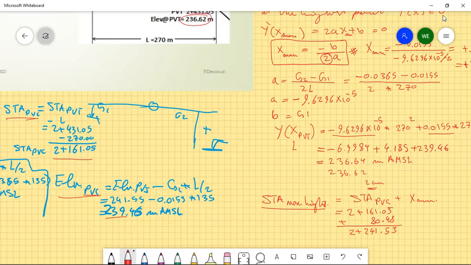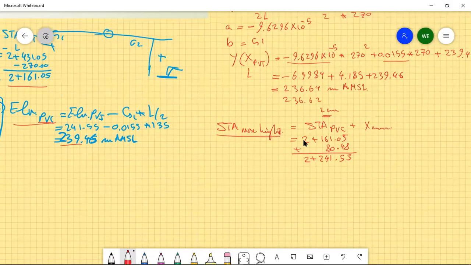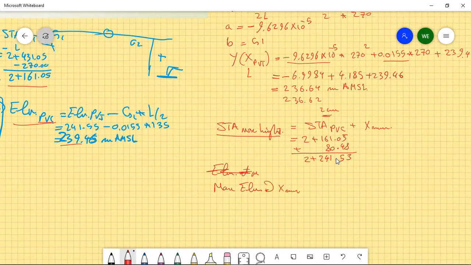What is the elevation at the maximum height? The maximum elevation is going to be at x max.